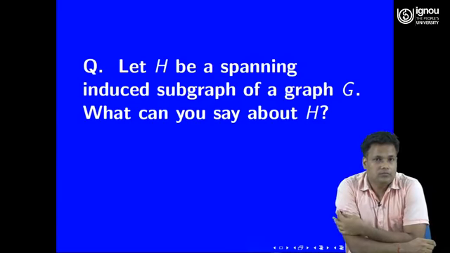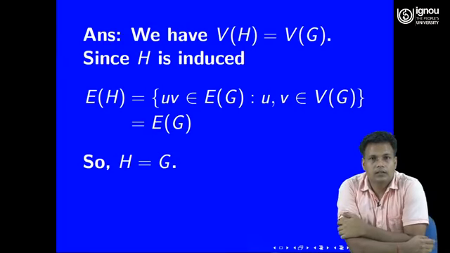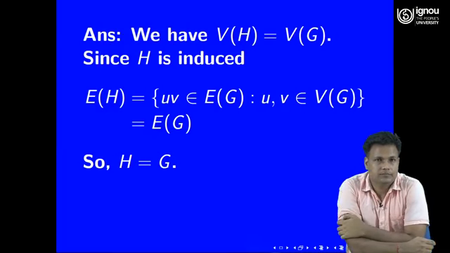First of all, H is a spanning subgraph of G. It means that the vertex set of H must be the same as the vertex set of G. That is VH equals VG.